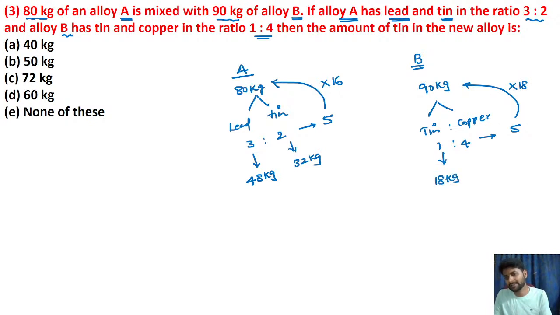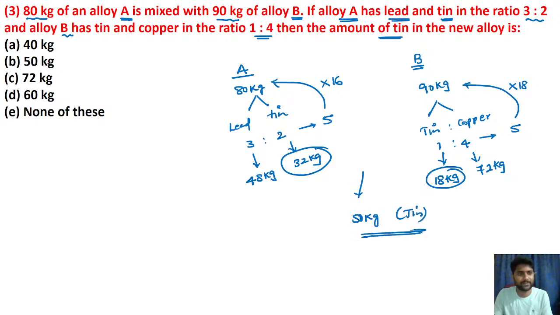So out of 90 kg, 18 kg is tin and 72 kg is copper. What is the question here? You have to identify the amount of tin in the new alloy. Here it is 32 kg, here 18 kg. So the new alloy has 50 kg of tin. Now you can choose 50.